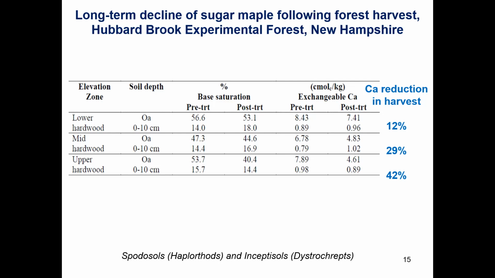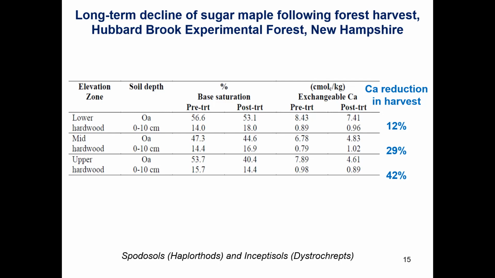What are some of the reasons that could explain that? Why would the centimoles of charge associated with calcium be an order of magnitude higher in the organic layers than in the surface mineral soils? Well, what's an obvious reason right off the bat? What do we know about OA horizon versus A horizon in terms of its CEC?